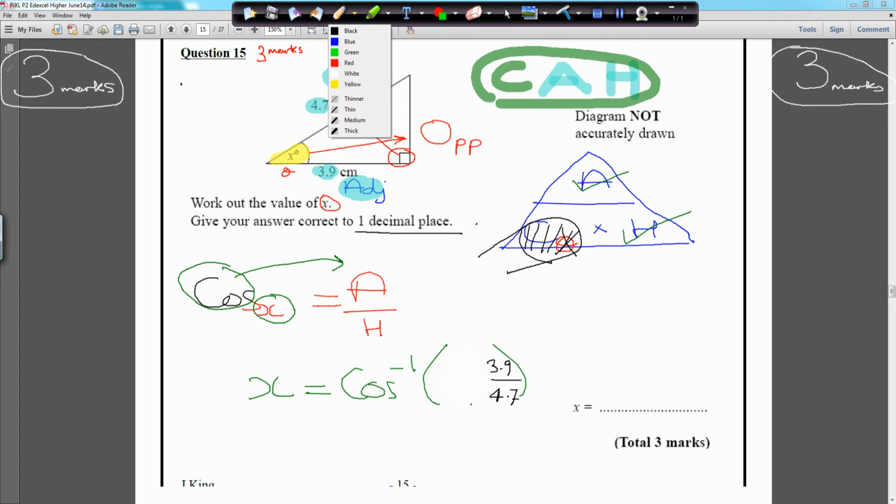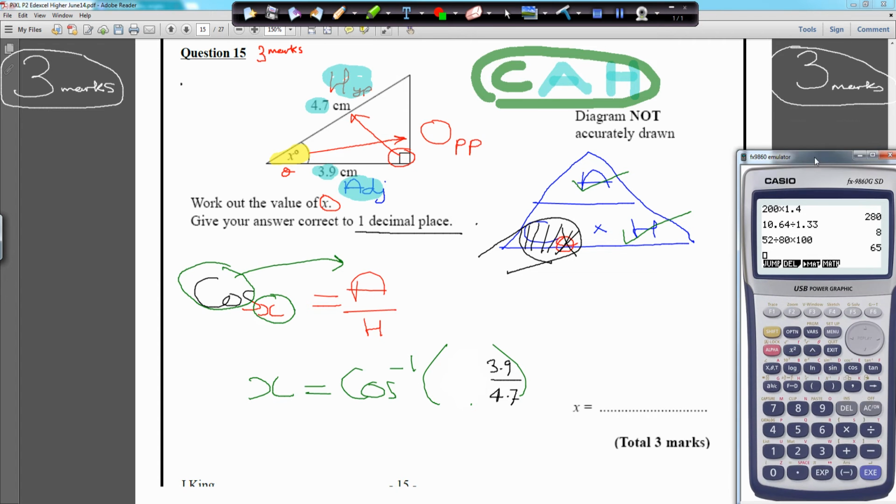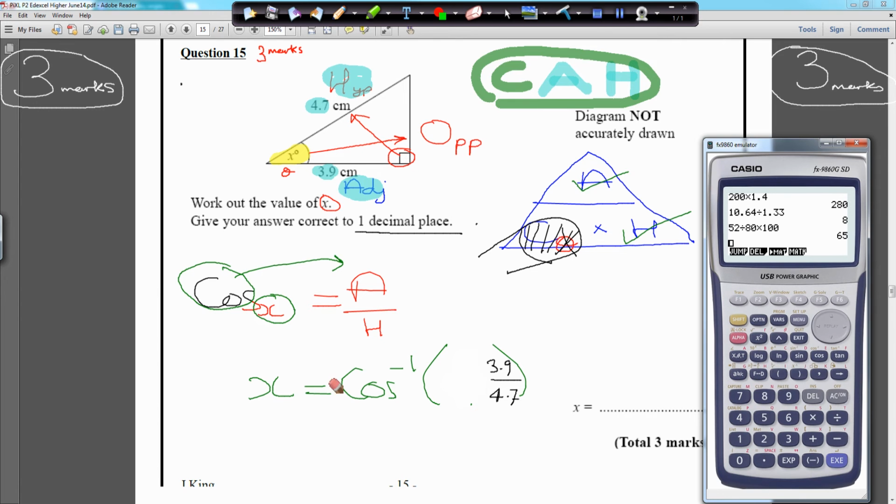So we're going to grab our calculator, bring it over, and type this in exactly as you see it. First of all, shift, cos to the minus 1, as you can see there. Now we can use a bracket, or we can just launch ourselves straight into the fraction mode.